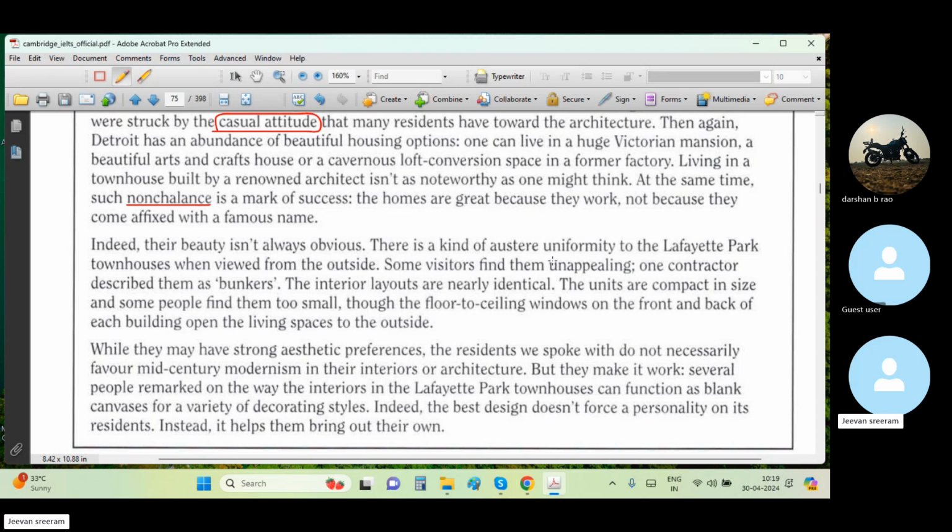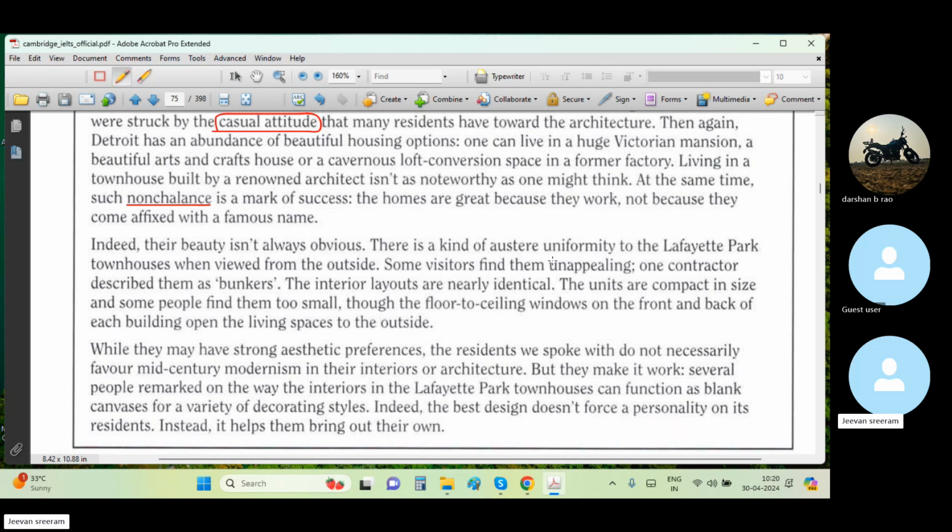Though the floor to ceiling windows on the front and back of each building open the living spaces to the outside, you can see clear living places on the front side and the rear side of the building. People may still find the townhouses really small.